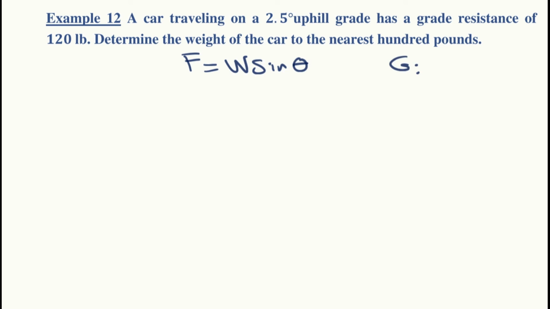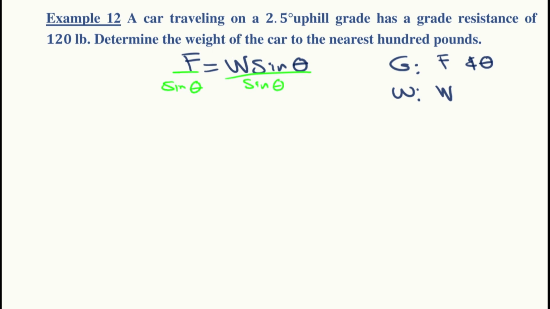What's given this time is F and theta. What is wanted is W. So let's substitute, or what we could do actually, if you want to be algebraically more sophisticated, solve for W first, then substitute. To solve for W, we're going to divide both sides by sine theta.